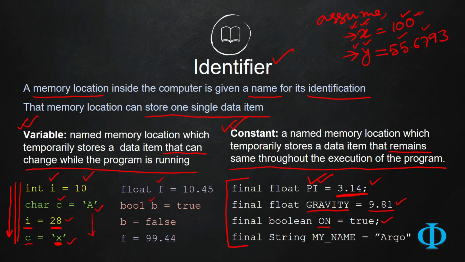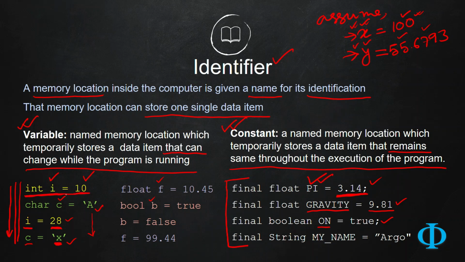Now let us come to the syntax of declaring variables and constants. They are a little bit different, although they are mostly similar, but there are some difference. Now if you want to define or declare a variable in Java program, you have to follow the syntax like this.